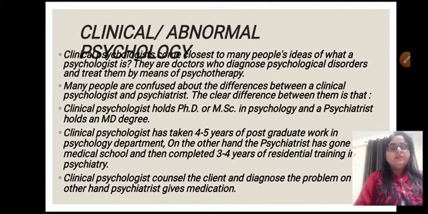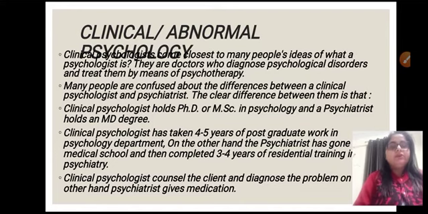A clinical psychologist must have taken 4 to 5 years of postgraduate work in a psychology department. On the other hand, a psychiatrist has gone through medical school and then completed 3 to 4 years of residential training in a psychiatry department.